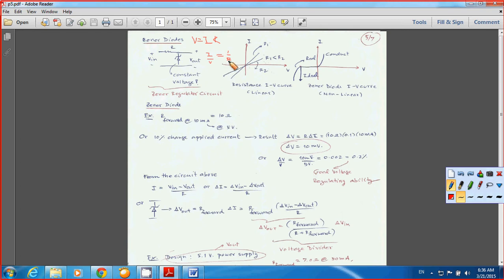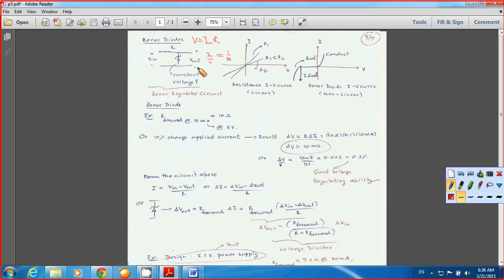And when you have R big, you're going to have a small slope. So that's why this is R2. R2 is greater than R1 when you compare two lines. This is the line of R1 and this is the line of R2. So R2 has less slope compared to the slope of R1, because R1 is less than R2.